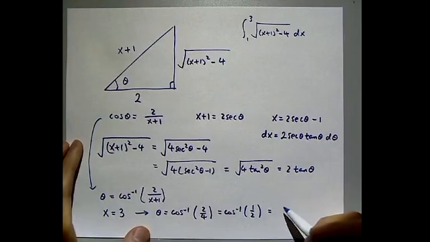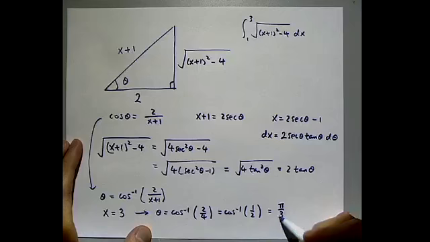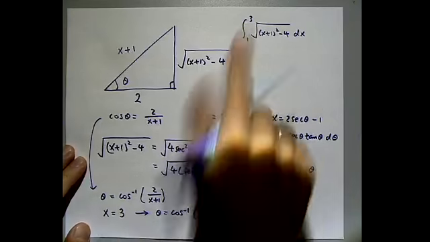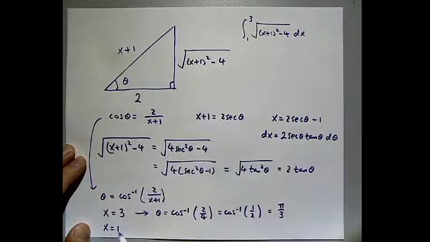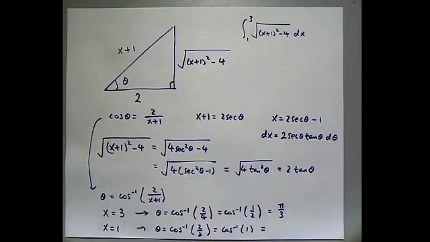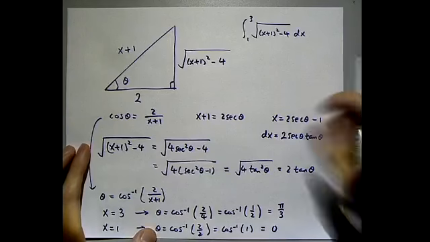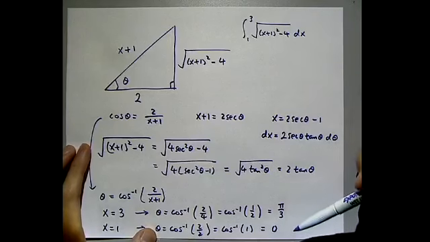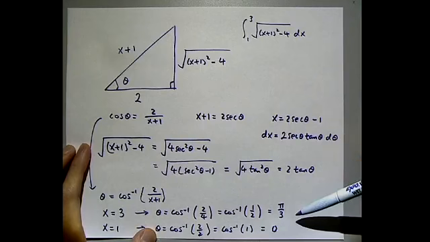Good. Then we repeat that with x is equal to 1. And what's the inverse cosine of 1? 0. Excellent. Okay, so the new integration limits are 0 to pi over 3, right?